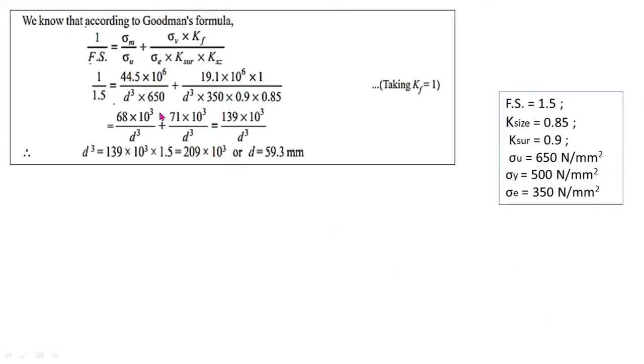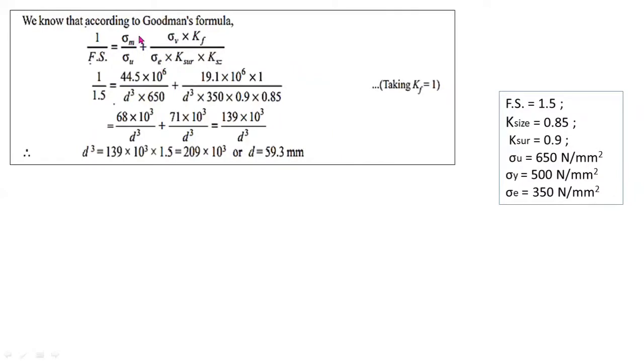So from Goodman's equation, you can find the value of diameter D by using Goodman's or Soderberg. You can take any equation. Here I am using Goodman's formula, that is 1 by Fs equal to sigma m by sigma u plus sigma v by sigma e.